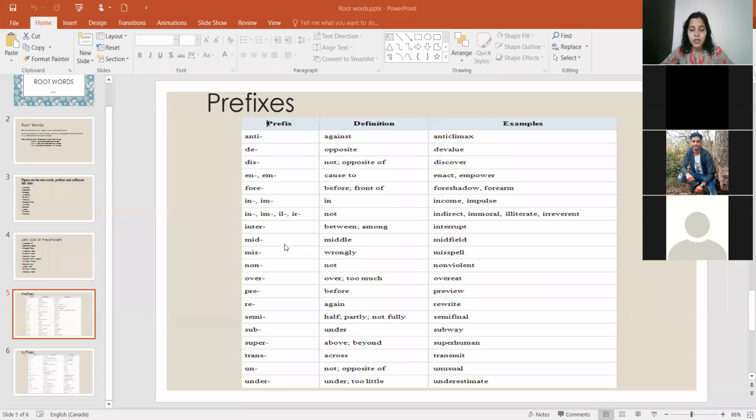Pre-built, prehistoric, predetermined. Prebiotic, okay. Prearrange, preview, right. So let's move on to the word re, which means again. Rewrite is one example to begin with.